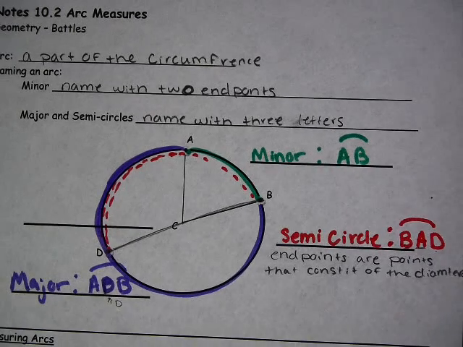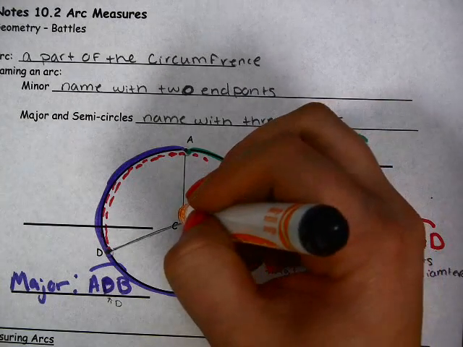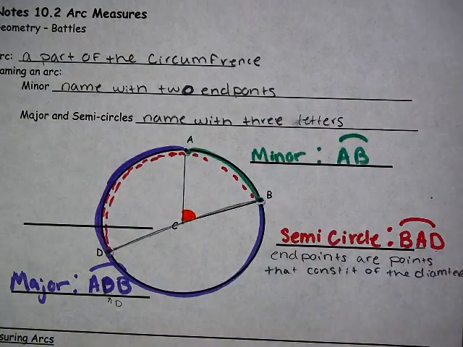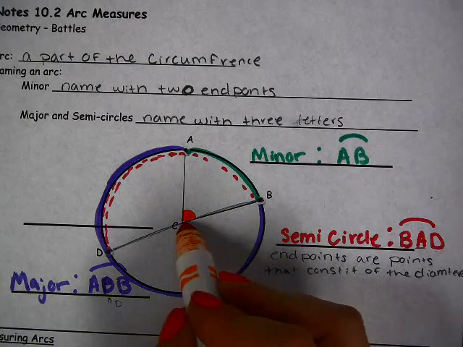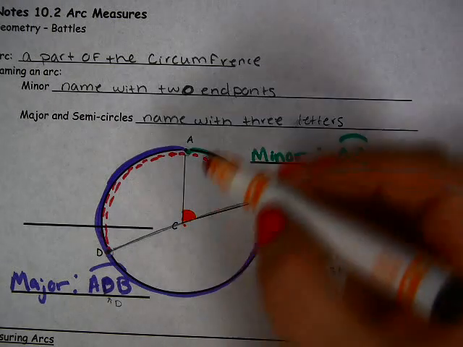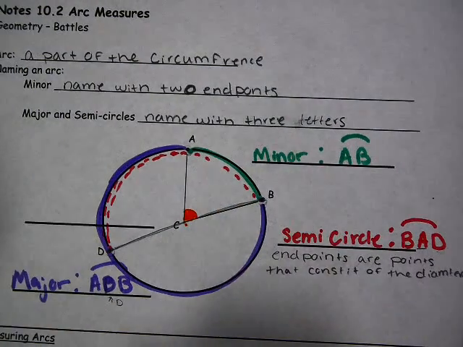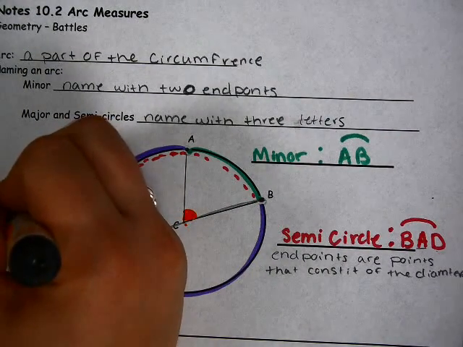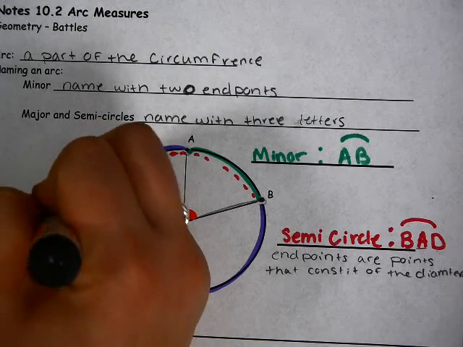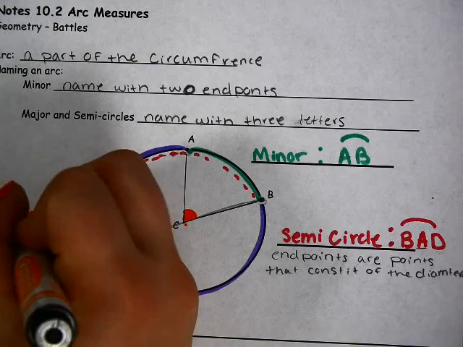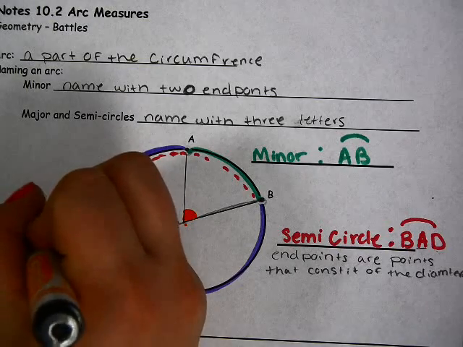Now, the next thing you need to know is this angle right here. This is known as the central angle of the circle. Okay, and that would be called angle ACB.